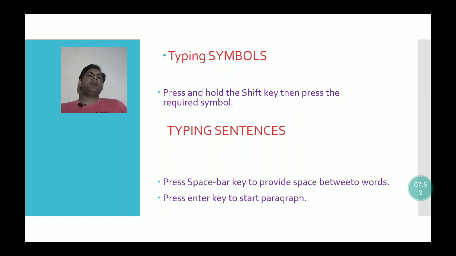We type a letter, and between two words we use the spacebar key. After completing the paragraph we generally press the enter key, and to start the next line, we have to press the enter key once again. So this is the method for typing symbols and typing sentences.